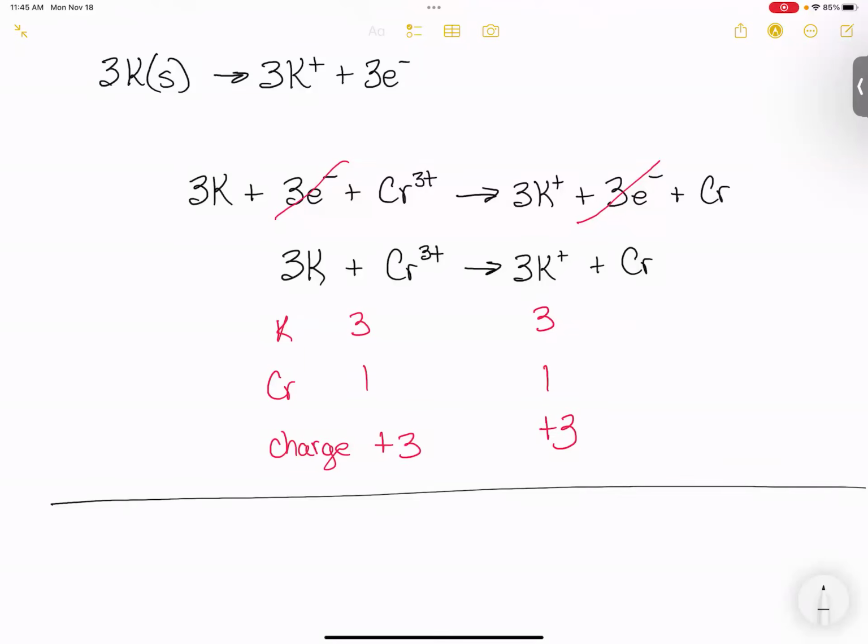From those redox reactions, we're going to talk about who is oxidized and who is reduced, because that is going to be directly related to the galvanic cell, where you put the oxidized half reaction in the anode and the reduction half reaction in the cathode.